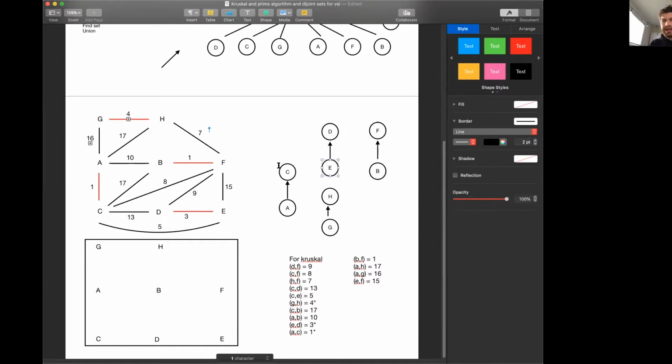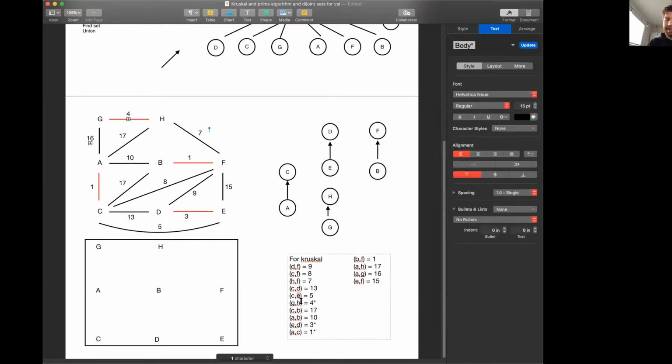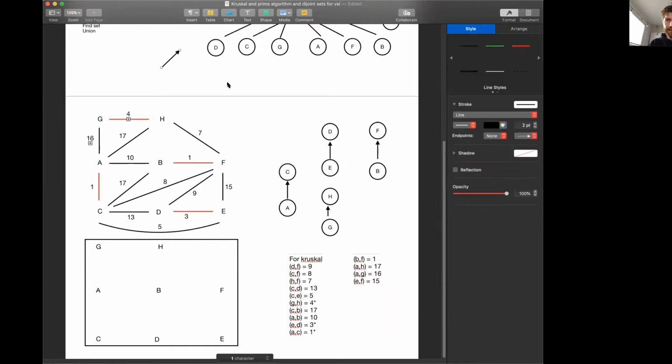So if they are the same, the book says we're just going to make the second one the parent. So making E the parent, but it's not technically E, it's making the root of E the parent. So this will cause this union. C will point at D.